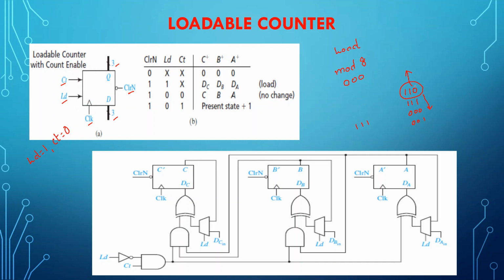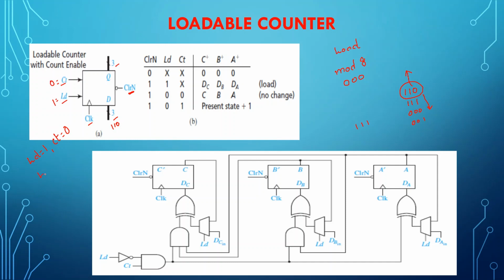For example, let me say I want to load the value 110. So what you will do normally, you will clear all the data in the flip-flop. After that, you will keep the data 110 at the data inputs of the flip-flop, and you will make load equal to 1 and count equal to 0.